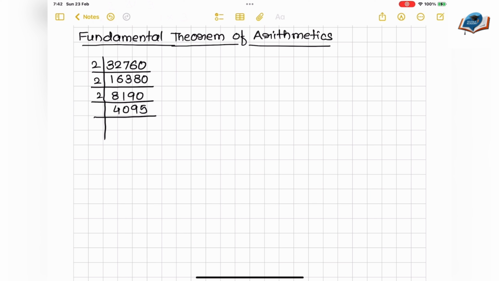So the technique to check for 3 is I have to total all the digits. If the total is divisible by 3, the number is divisible by 3. So here it is divisible. So 1365, again with 3, 455.